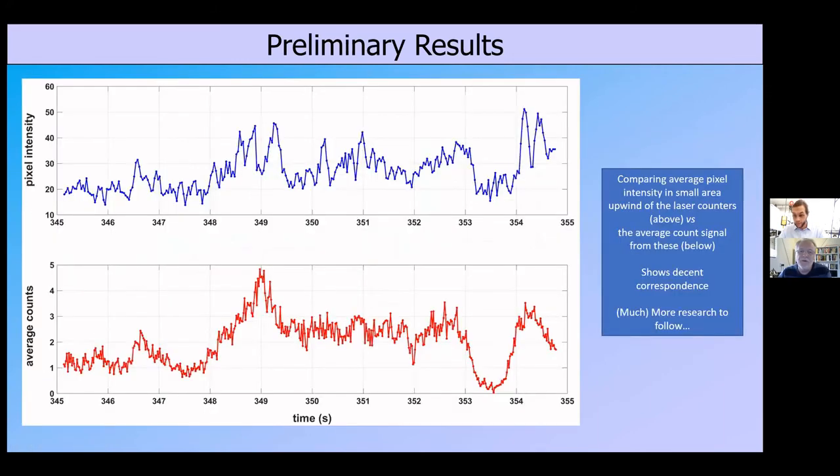I've also started matching up the measurements from the laser sensors to the pixels in the video imagery. On the top, you see pixel intensities from the footage in blue, and on the bottom in red, you see measurements from the laser sensors of sand transport rate. As you can see, there is a relatively decent correspondence. Obviously, we need to do a lot more work on this.